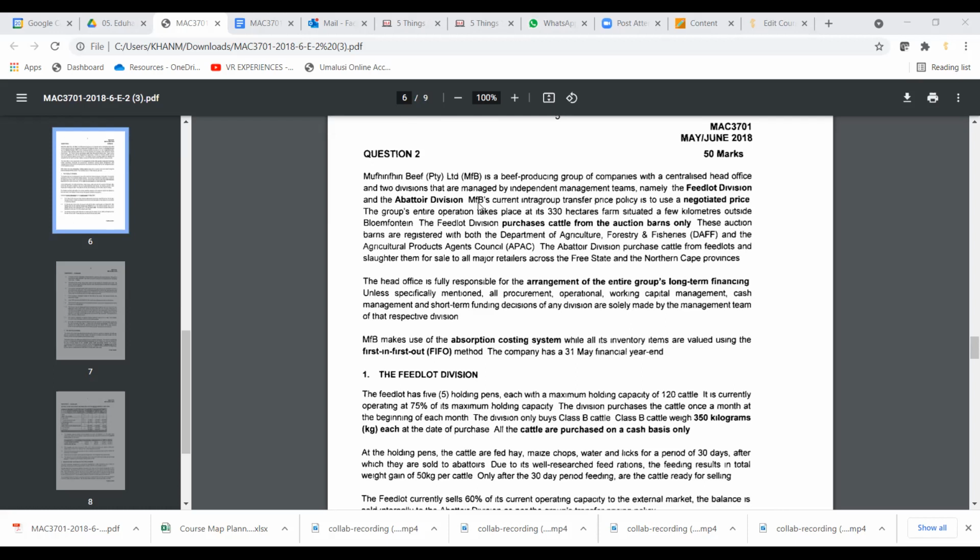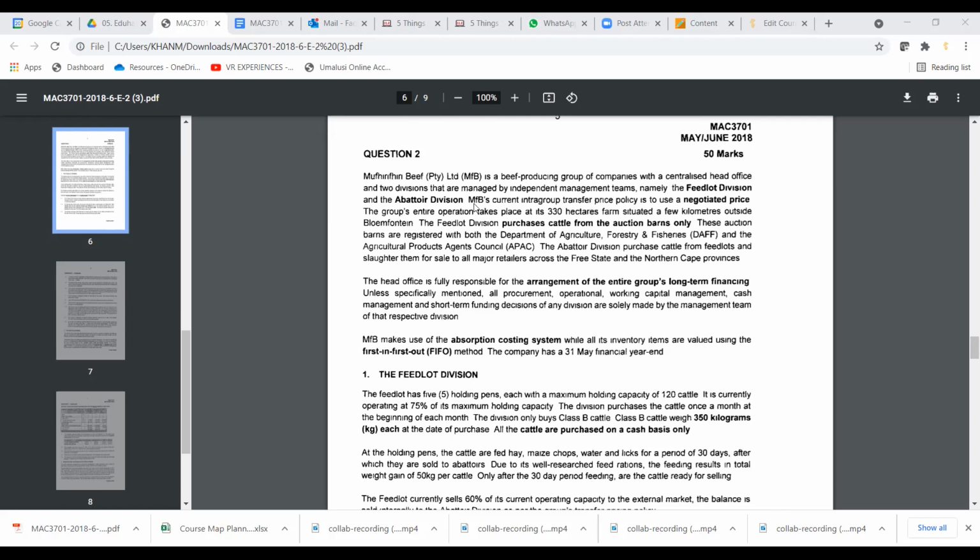So on a piece of paper, you want to draw MFB as the company and 3 lines below MFB, which are the two divisions, and the head office. Just remember, when you see independent management teams, when you see divisions, what your brain needs to trigger automatically is that there's potential transfer pricing and or potential performance management.